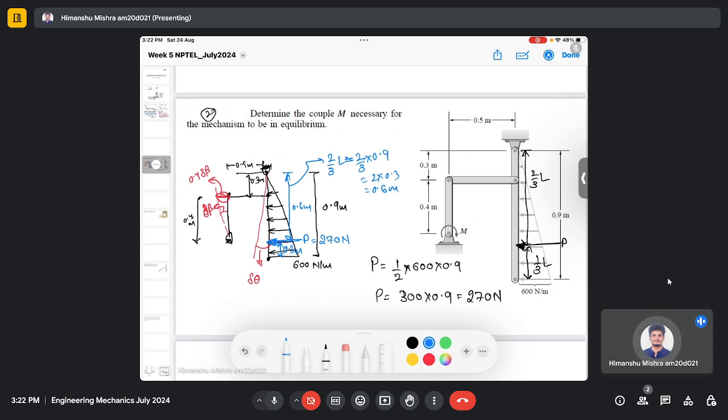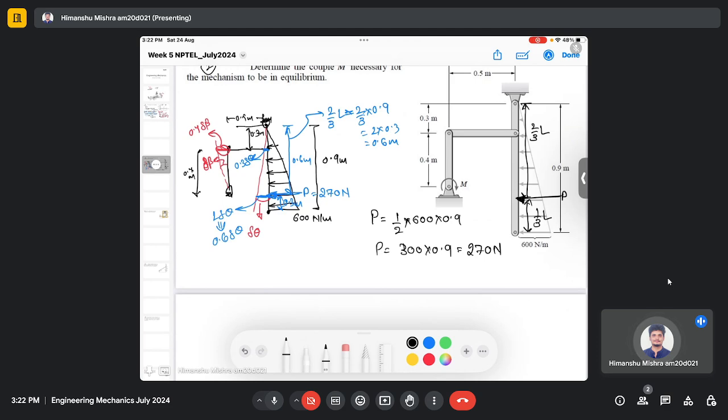Okay, and we need to assign the virtual displacement at this point where the force is acting. So here the distance is L del theta, which is equal to 0.6 del theta, right? Similarly here the distance will be 0.3 del theta, right?